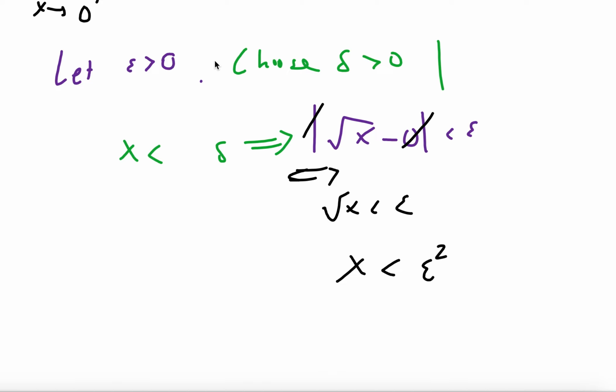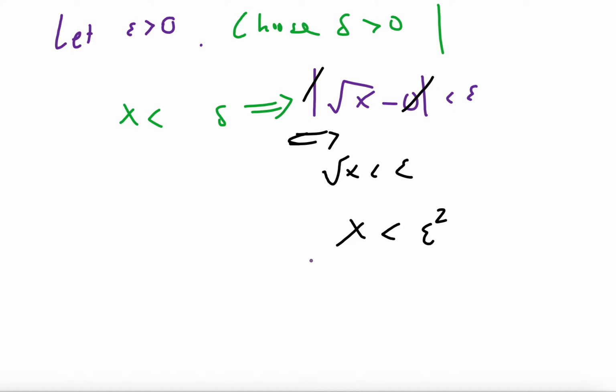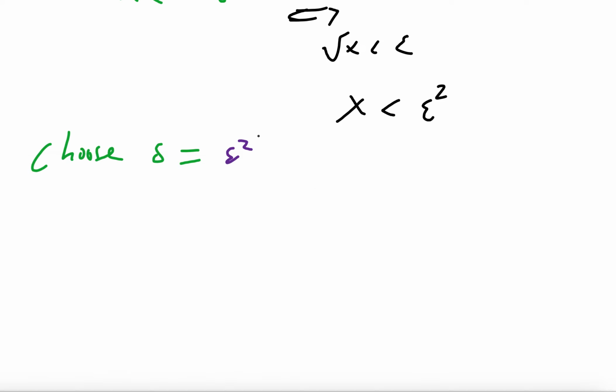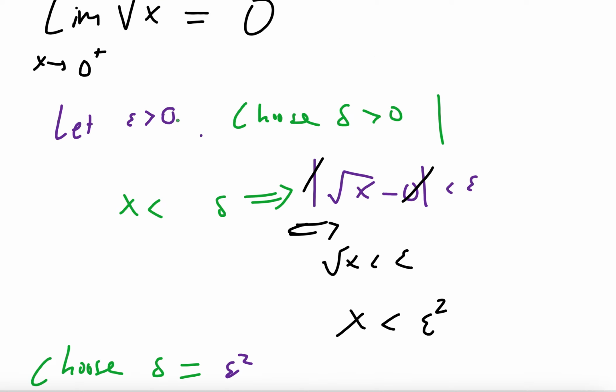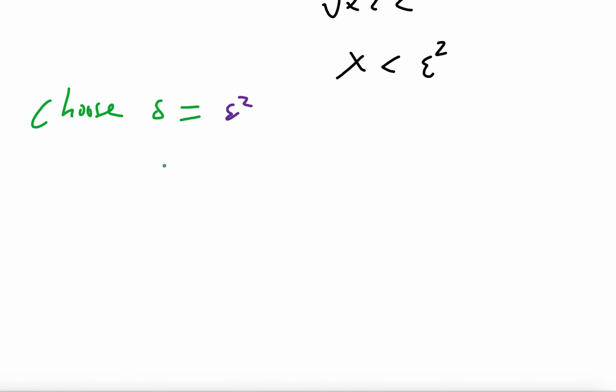Which means that if x is less than delta and x is less than epsilon squared, if we choose delta to be epsilon squared, which is our function of epsilon, we can guarantee that for any value of epsilon that our friend chooses as a target, or the devil gives us, if we just square that value, we will already be within the bounds. It shows how slowly the square root grows. So take a look.